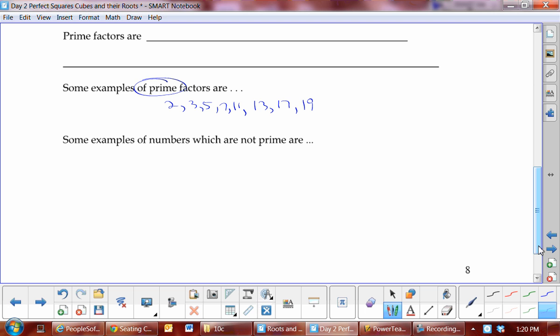Yes. So prime numbers only divisible by 1 and itself. So that is why 15 fails, because it's just not 1 and 15, it's 3 and 5 as well. If there's any other factor out there, it's not prime.